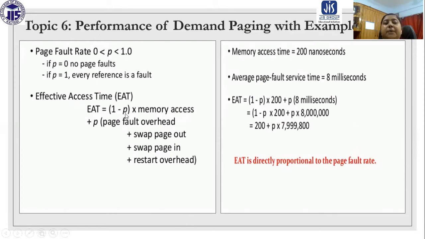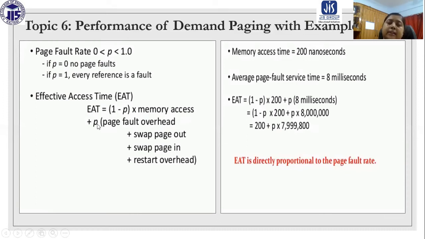That means the page is already located in memory, so we need to access main memory to reach that page. So this is the rate at which we can access memory directly for accessing the page.